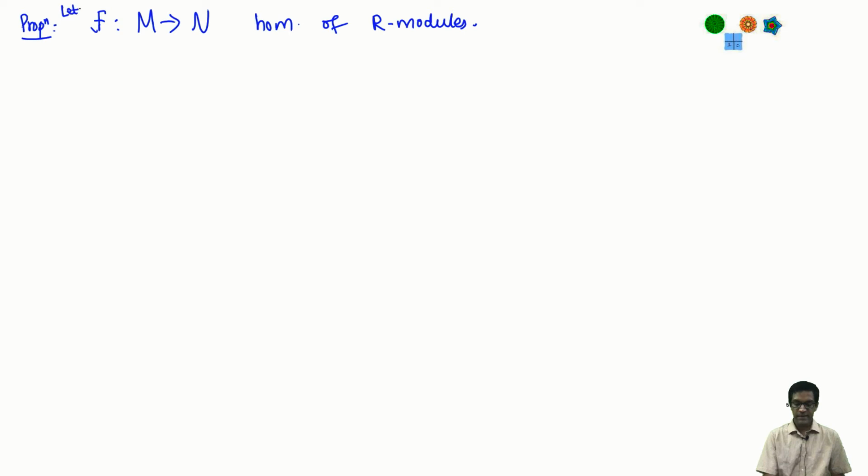Let f be this. Then f is injective, which means it's a one-to-one map, if and only if the kernel of f is 0. By this I mean the 0 submodule.